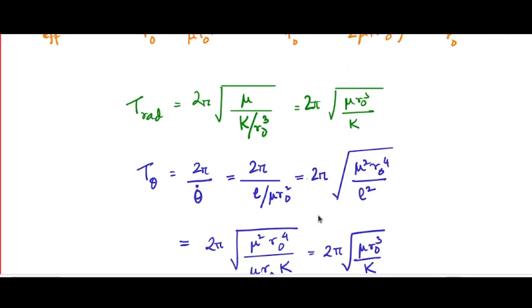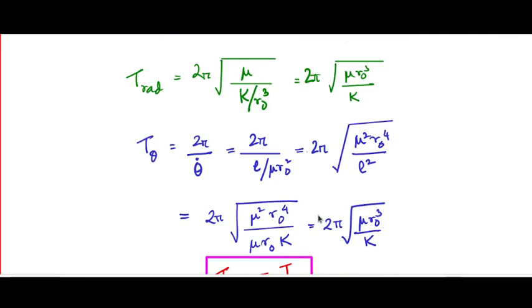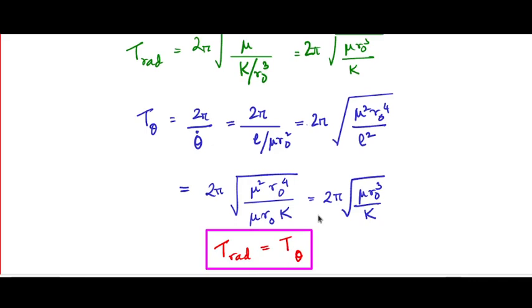Now, we have already seen that L squared is mu r naught k. And just using that tells you that T theta, the time it takes for a complete orbit all the way around, is given by 2 pi square root of mu r0 cubed over k. Exactly the same as the radial time period. So by the time the distance from the center changes from a minimum to the maximum and then back to its original value, the angle turns all the way round through 2 pi.